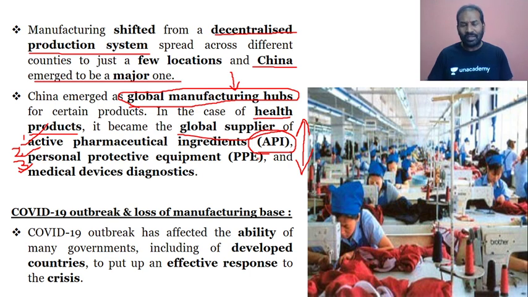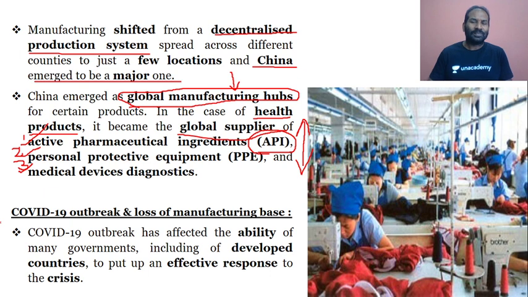And now look at China: developed countries such as the US and European countries are looking at China for medical devices, diagnostics and personal protective equipment. They are also ready to rely on it as a global supplier of active pharmaceutical ingredients, which are very, very essential at this moment to handle the pandemic, COVID-19 or SARS-CoV-2 infected patients.